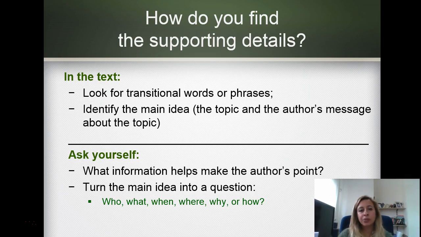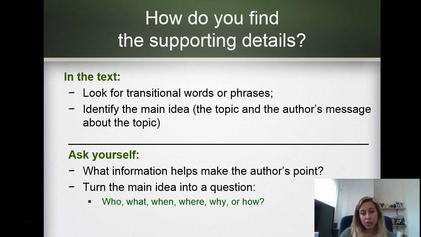How do you find the supporting details? In the text, we should look for transitional words or phrases. We will speak about it later on again. And we should identify the main idea, the topic and the author's message about the topic. When the main idea is clear to us, most of the rest is actually the supporting detail.